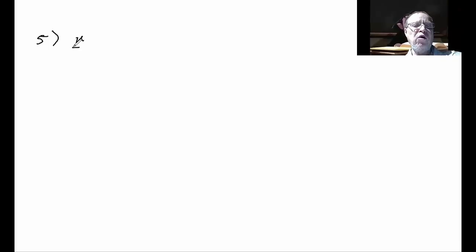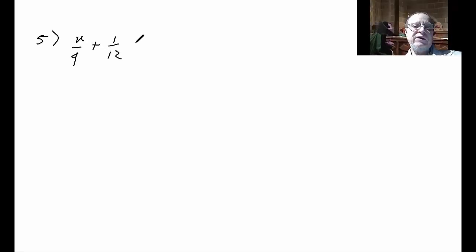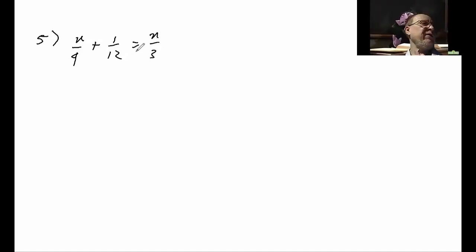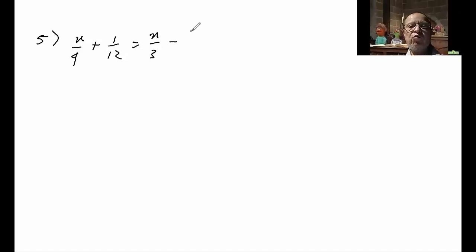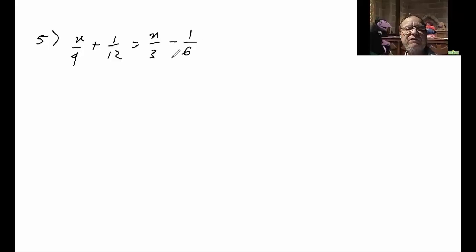And finally, we're going to look at example number 5. And in example number 5, we have u over 4 plus 1 over 12 is equal to u over 3 minus 1 over 6.